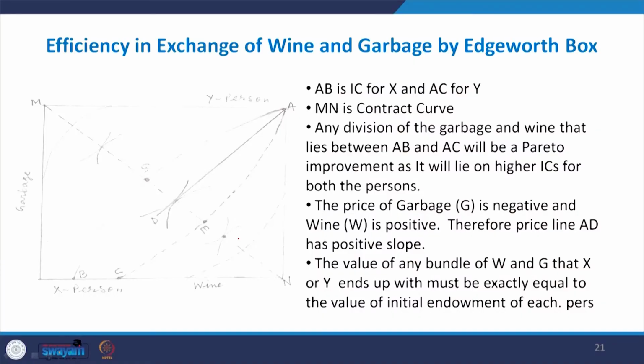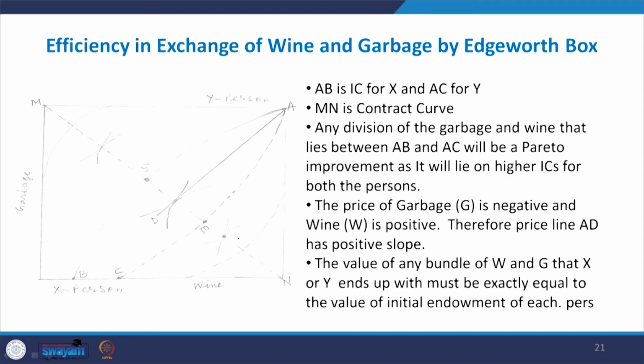So, this is the equilibrium level, or market efficiency occurs at the point where the slopes of the indifference curves of the two persons in the case of garbage and wine are the same, and their slope is equal to the slope of the price line.